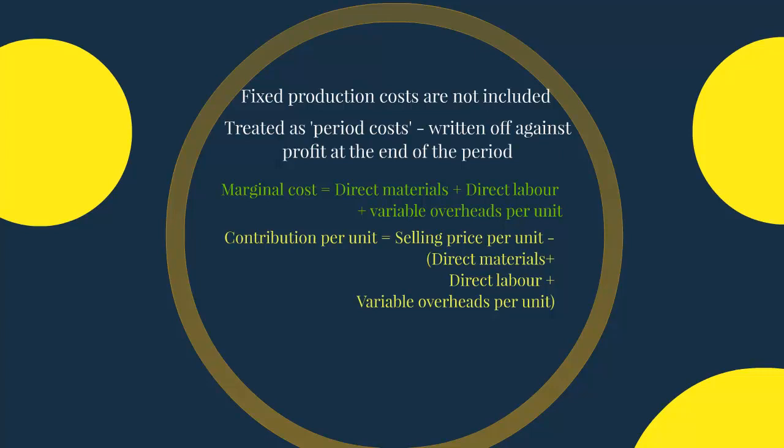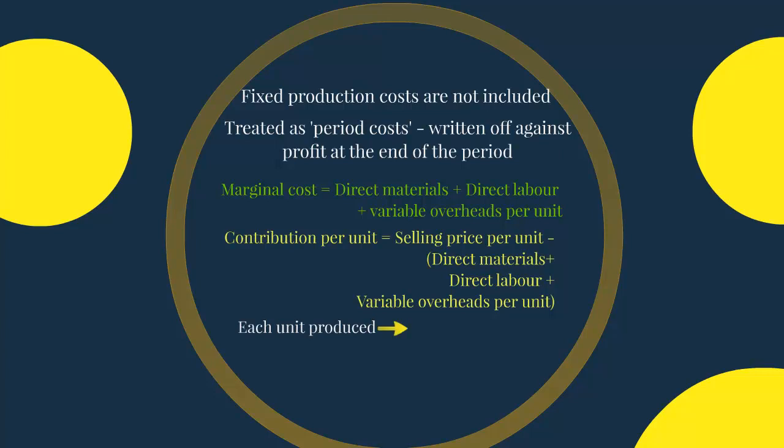So, for example, if your direct materials came to £5, your direct labor came to £5, and your variable overheads per unit came to £5 as well, then that would give you a total marginal cost of £15. And if your selling price per unit was £20, then that would give you a contribution per unit of £5.